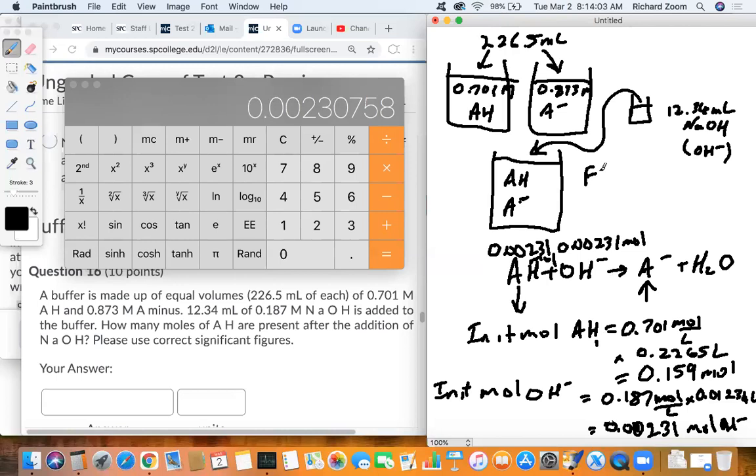So the final AH is going to equal the initial moles of AH minus the initial moles of OH minus. Which in this instance is going to equal, with significant figures, 0.157. So that would be the final answer. Does anybody have any questions?